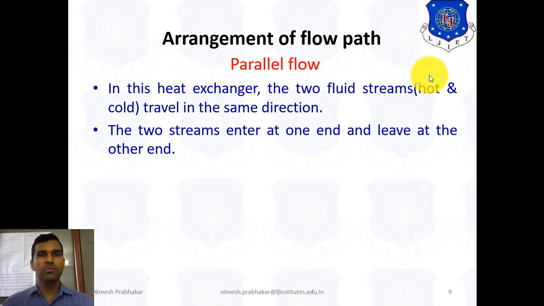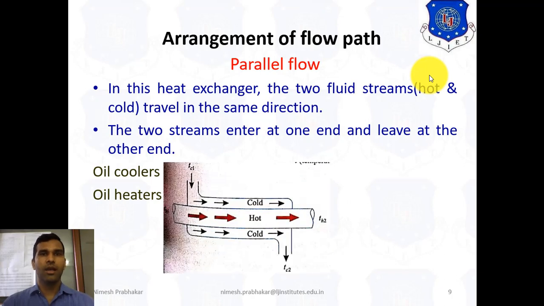The two streams enter at one end and leave at the other end. Examples of this exchanger are the oil cooler and oil heater, and this is the figure of the parallel flow heat exchanger.